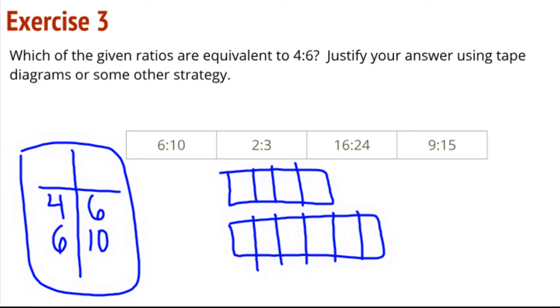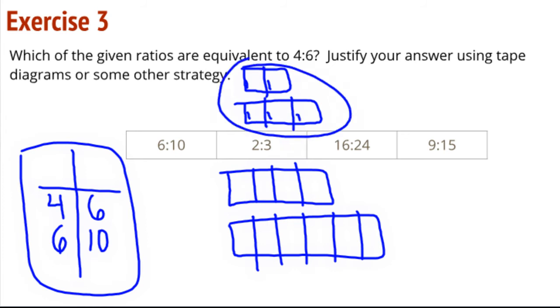One would be to draw a tape diagram of 2 to 3 and ask myself, is there anything I could do with this 2 to 3 to get it to be 4 to 6? Right now, the value in each of my boxes is 1. Is there a number that I can put in all of my boxes, a C value, something I can multiply by, to get 4 to 6? Well, if I put 2 in all of my boxes, now I have a 4 to 6. So my C value here is a 2.